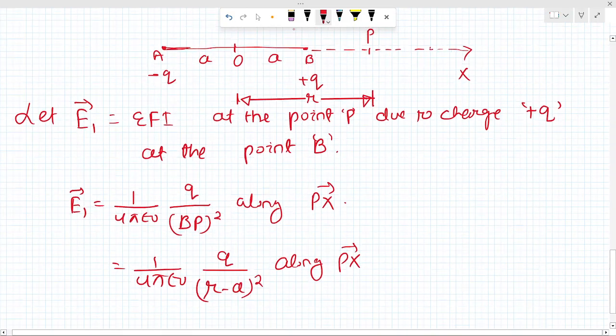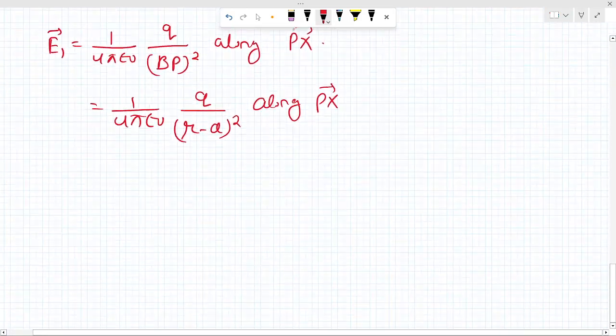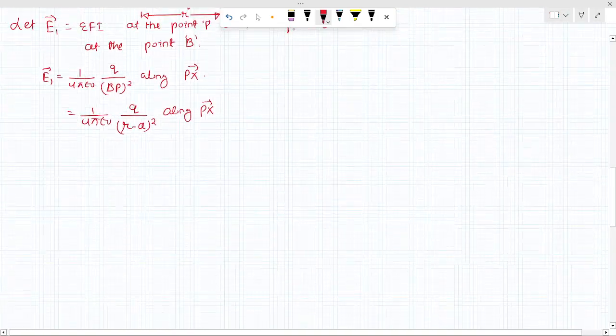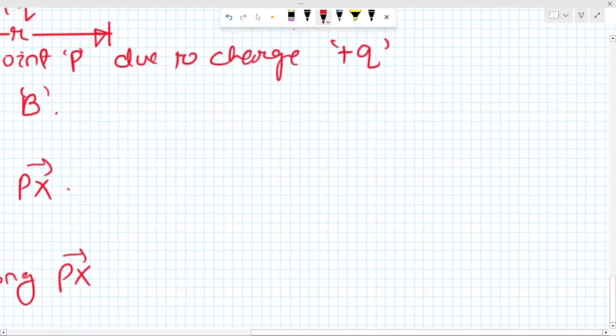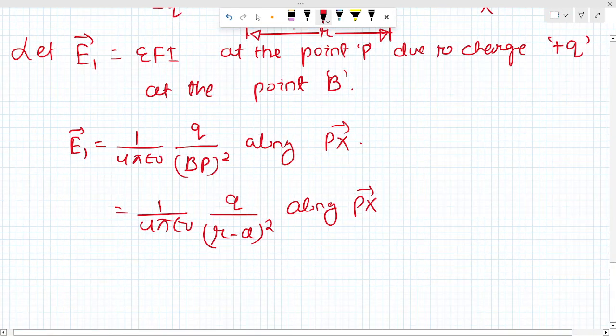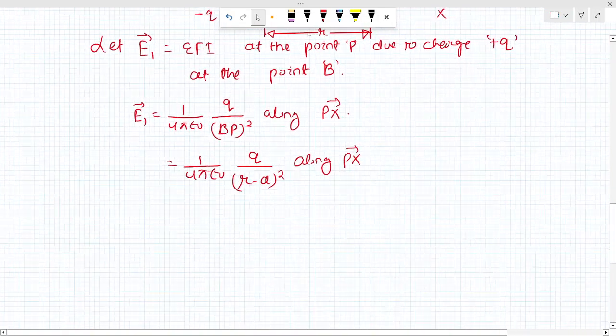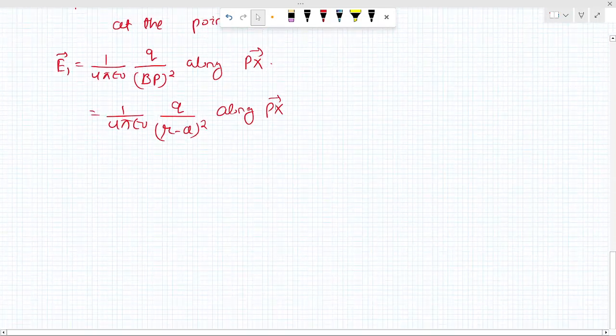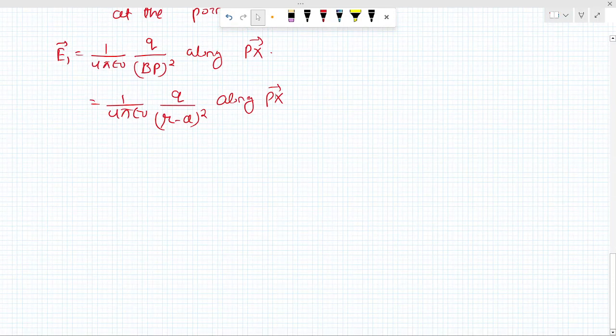You see from here. Let me zoom it a little. Let's give it equation number 1.